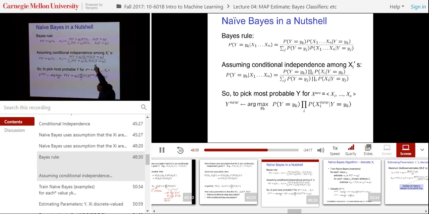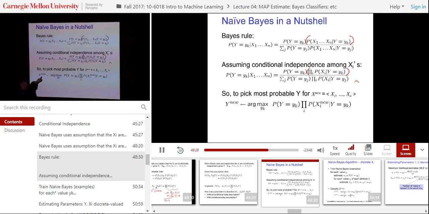But then we assume conditional independence among the x sub i's. So what that means is that we can rewrite this term as this term. Right? That's where we're saying that thing can be expressed as just the product of a bunch of individual probabilities. And then, of course, we do it also in the denominator.